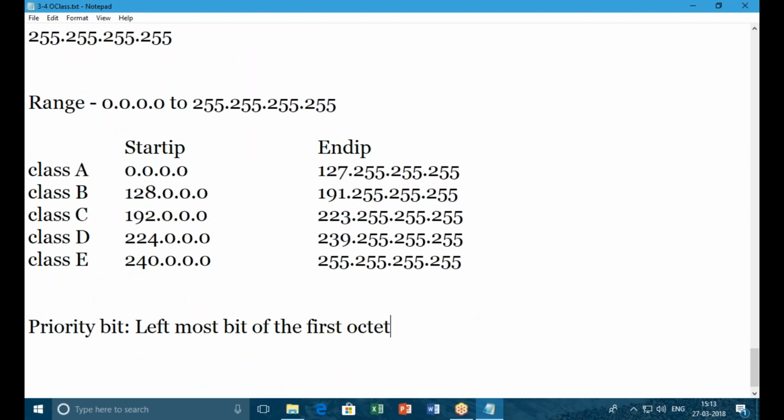Now, how can I get this priority bit? For this, there is a committee called ICANN that has given a standard for priority bits. This is a committee that gives standards, rules, and regulations related to the IP address: International Committee for Assigning Names and Numbers.